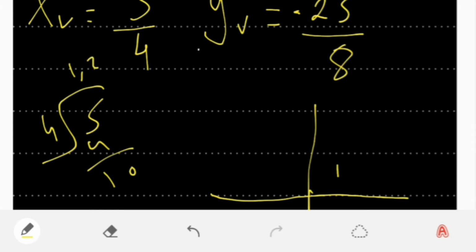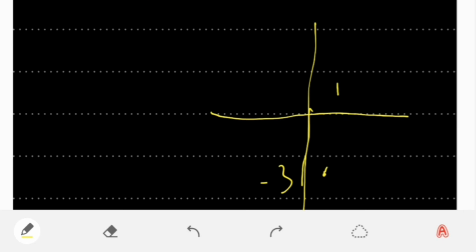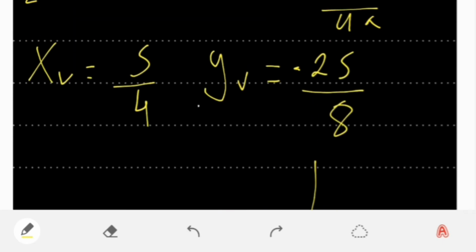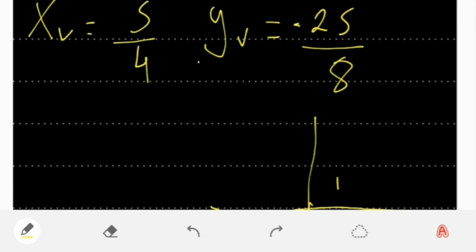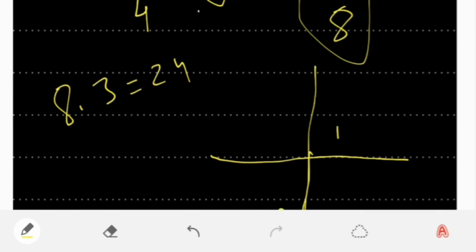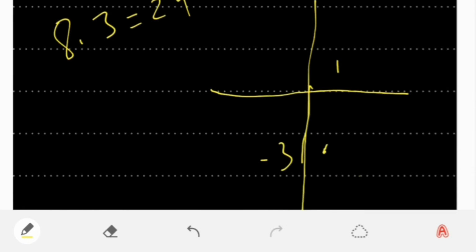Yeah, it would be something like this. You see, it is slightly bigger than 1. And minus 25 divided by 8 is, look, 8 multiplied by 3 would be 24, okay? 8 multiplied by 3 is equal to 24. So 25 divided by 8 is slightly smaller than minus 3, okay?